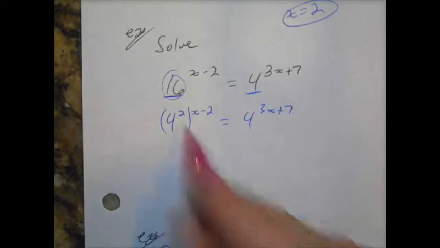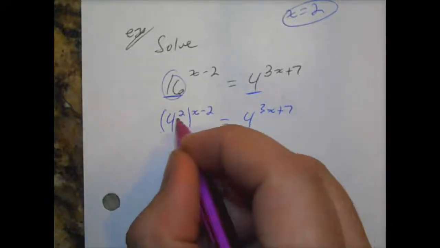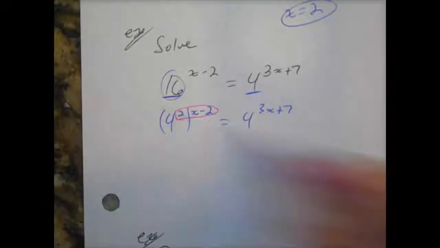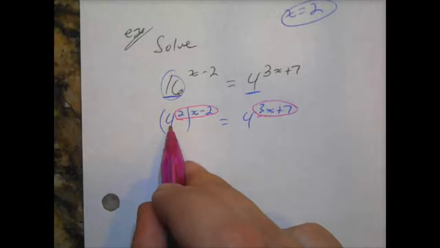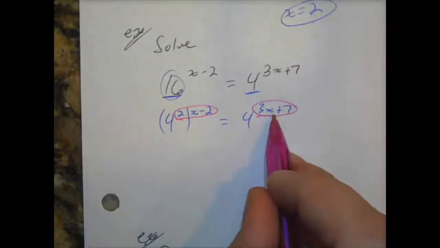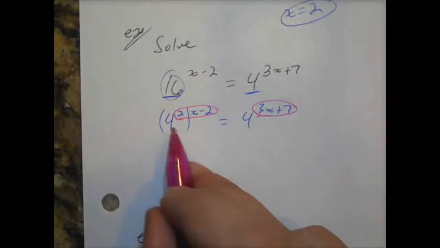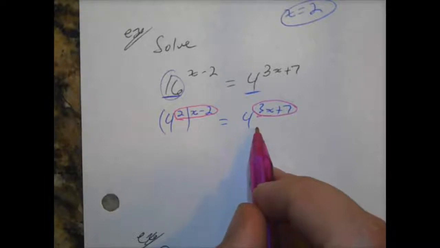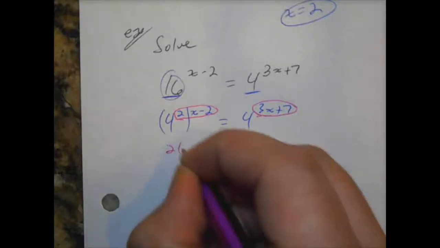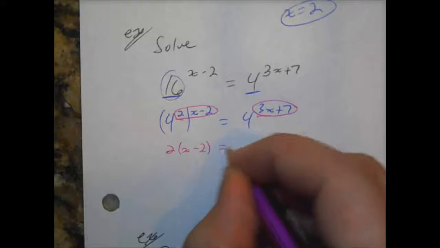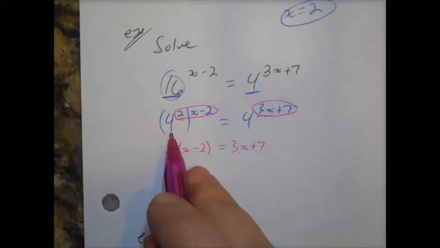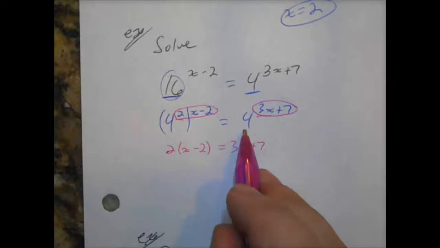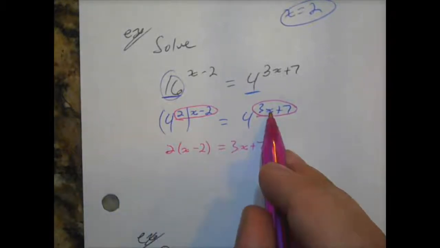If I have 4 to the something equals 4 to the something else, for these to be true statements, then 2 times x minus 2 must equal 3x plus 7.